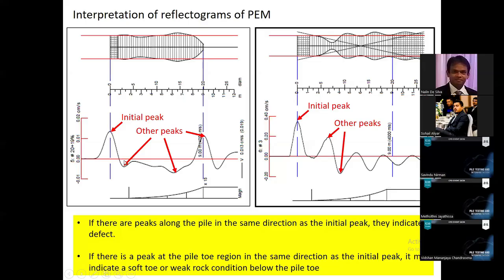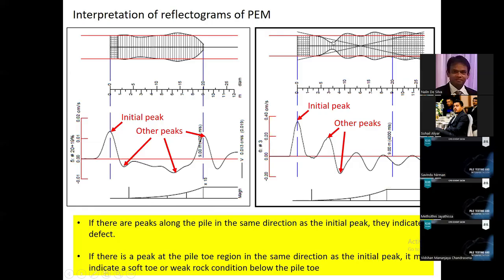So this is indicating a bulge along the pile shaft. And this is in the same direction as the initial peak. It is indicating a soft condition at the toe, so it is sending a tensile wave, right? So this pile has a serious defect somewhere in the middle, necking.